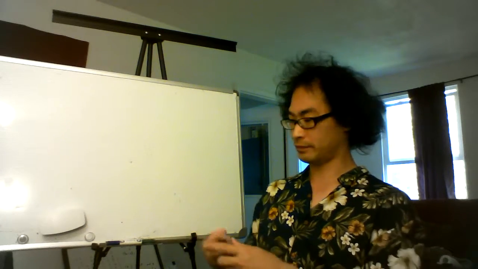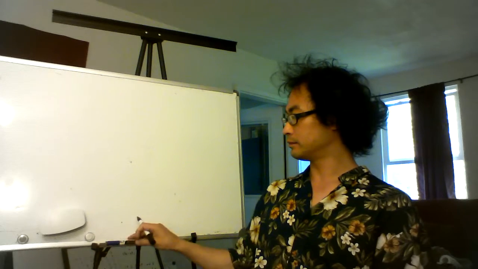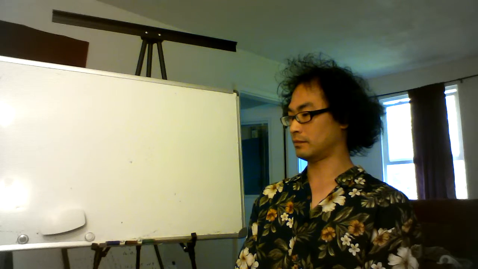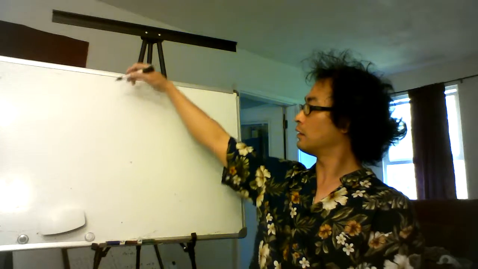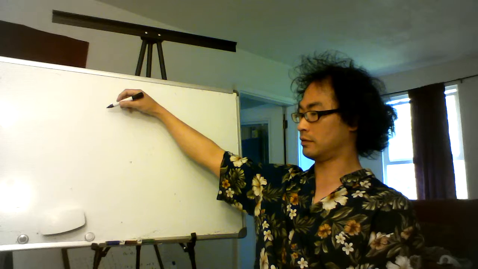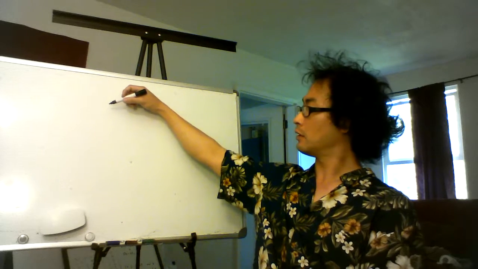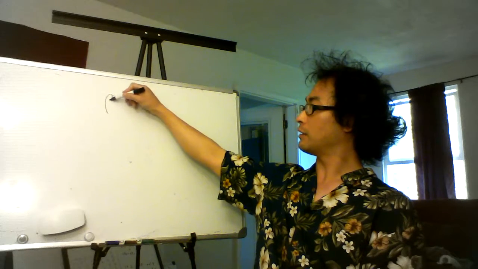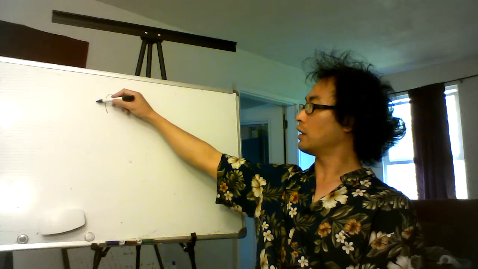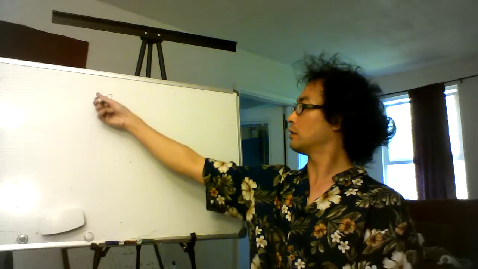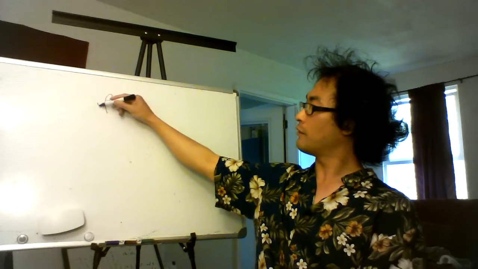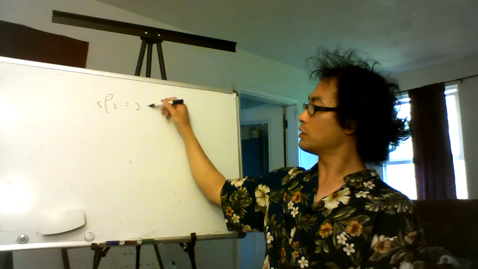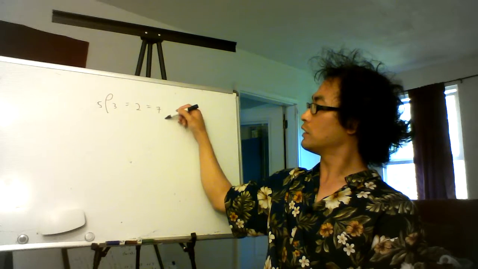We know we have operator rho, right? Remainder. Let's say 5 remainder 3 is equal to 2, which is also 7.